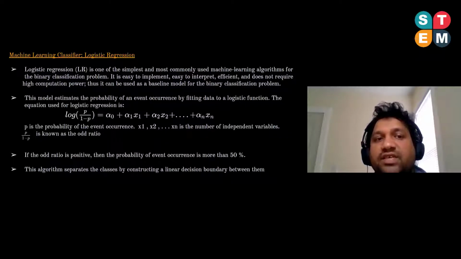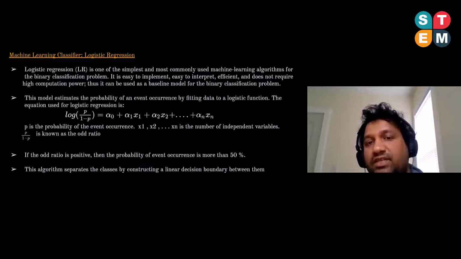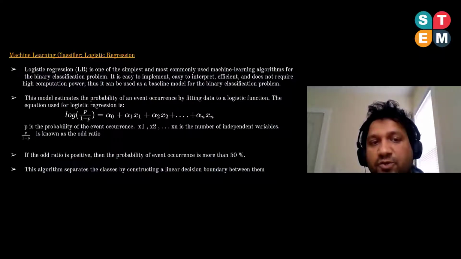The logistic regression method estimates the probability of an event occurrence by fitting the data to a logistic function. This is the equation used for the logistic regression model. Here x1, x2, xn are the variables, and p over 1 minus p is known as the odds ratio.